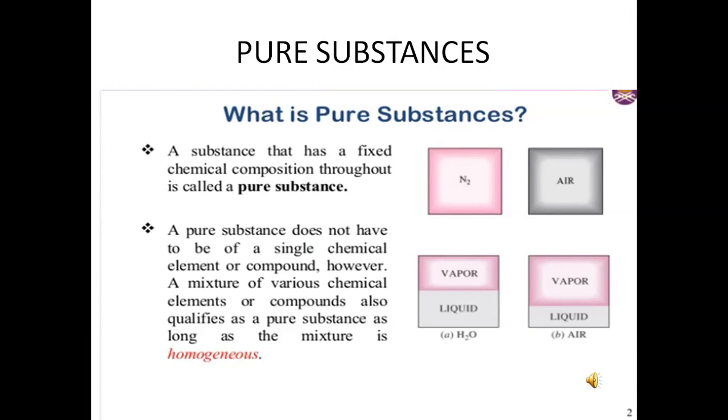In shops, we find products labelled 100% pure. For common people, pure means unadulterated, not containing any cheap or harmful additives. But a pure substance is a substance that has a fixed chemical composition throughout.